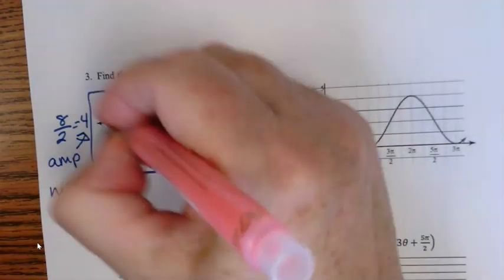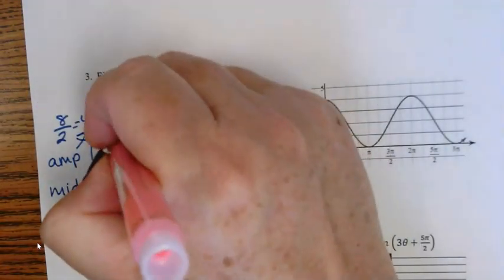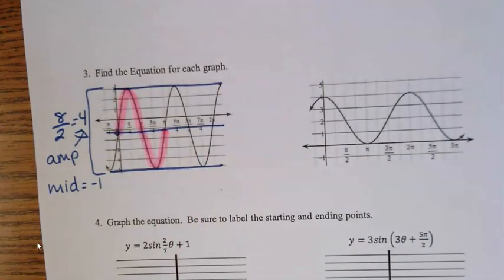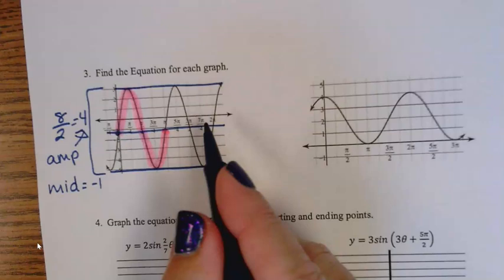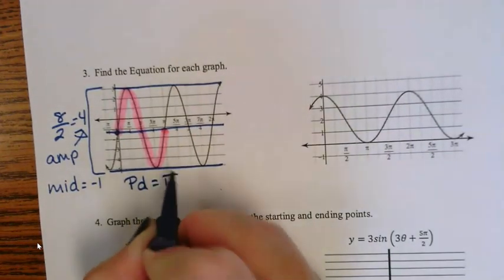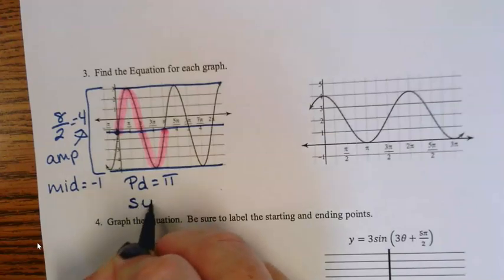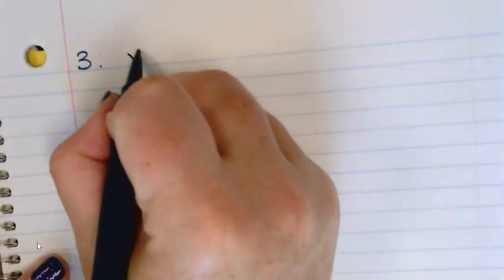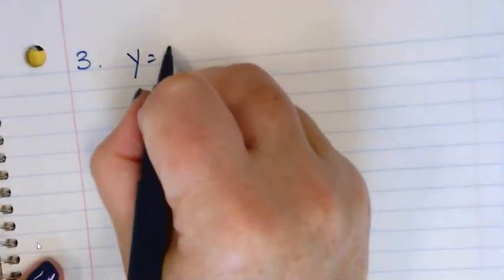So we're going to find our roller coaster. And it looks like my period is pi. Oops, and I forgot to write sine. Okay, let me move over to my paper. So for number 3, we already know the equation is y equals, amplitude was 4.